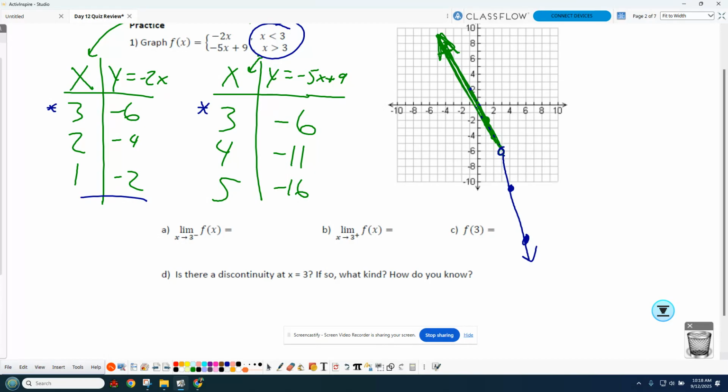Doing the math at 2.9, 2.99, 2.999999, and all those things that sneak up close to 3 are a pain to plug in. So I'm going to actually plug in 3 and say, it's going to get really close to negative 6. I don't feel like doing all that painful arithmetic with 2.999.